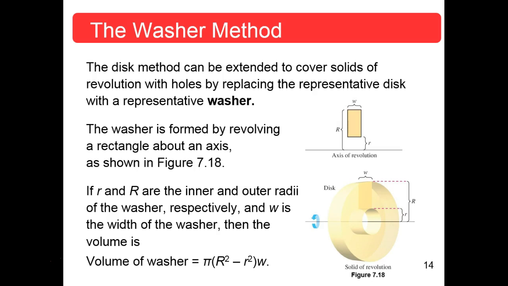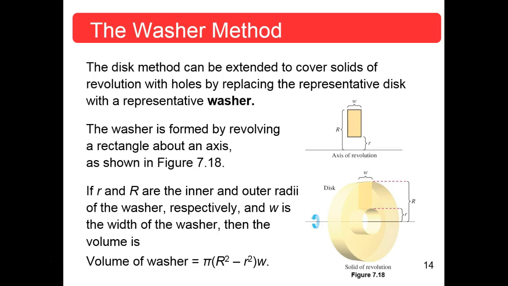Well, the outer radius is the capital R. The inner radius is the little r. So what you would do is basically do one with the disk all the way down with the capital R, so pi R squared w, just like we did before, but then subtract out of it the disk that's in the middle.